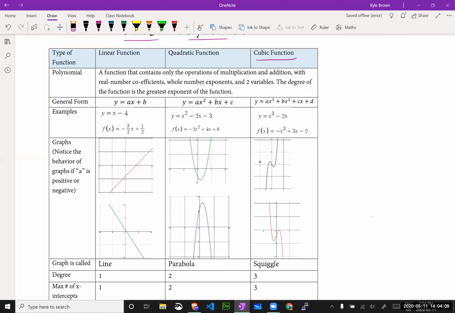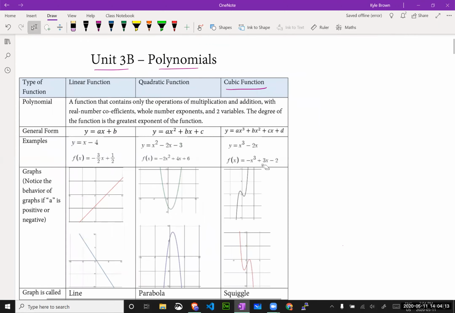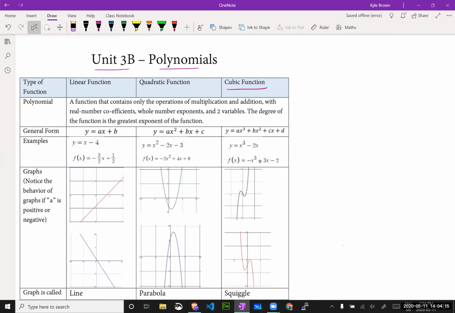And the next part here, let's go back into what a polynomial is too, right? So a polynomial function contains only the operations of multiplication and addition. So what that means is like this, right? You could have 2 times x, which is the multiplication part, and it says addition, but addition and subtraction really mean the same thing, right?